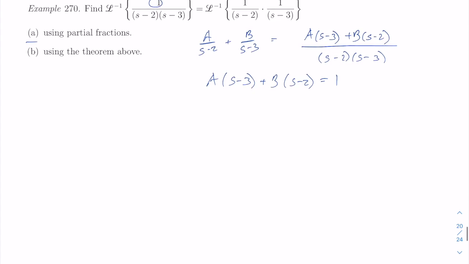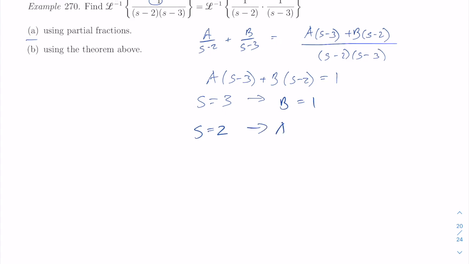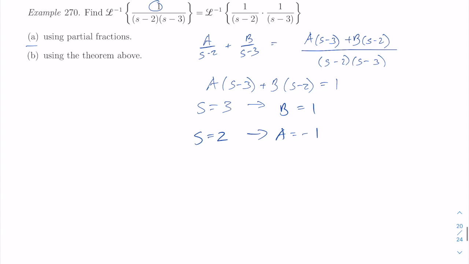We'll do this the cheater way. Plug in s is 3. And what does that give me? That gives me B, A is gone, B equals 3 minus 2 is 1, B equals 1. And then when s is 2, I get A is negative 1, because negative 1 A equals 1, so there we go.